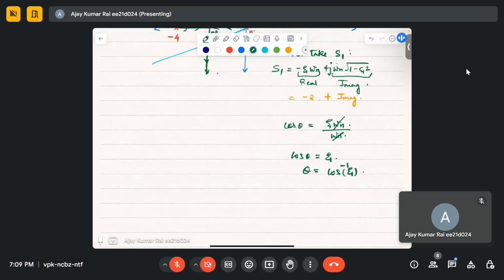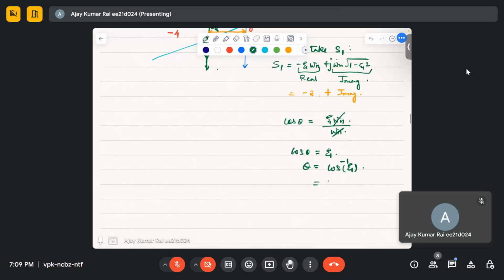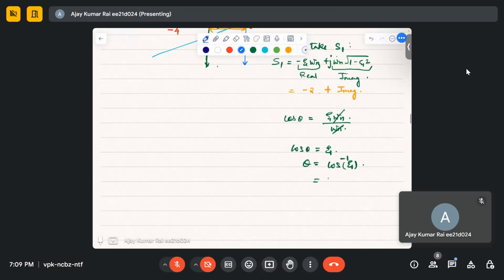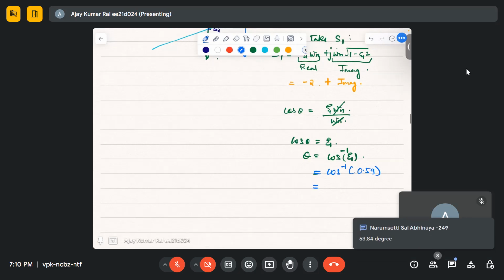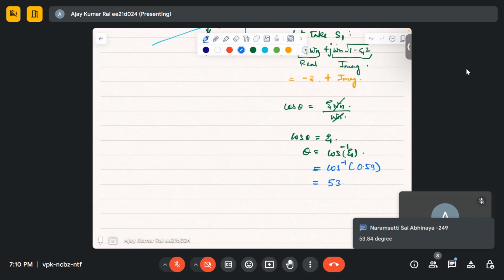Let me first calculate the value of theta, which is equal to cos inverse of 0.59. Calculate this in terms of degrees. You're getting 53.84 approx.